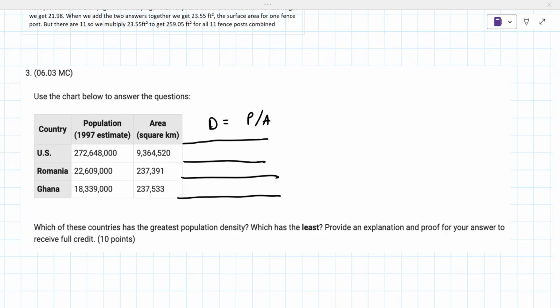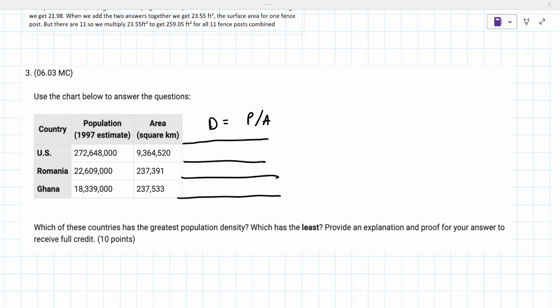And Ghana is 18,339,000 divided by 237,000. All right, so now I got the population density for all three.